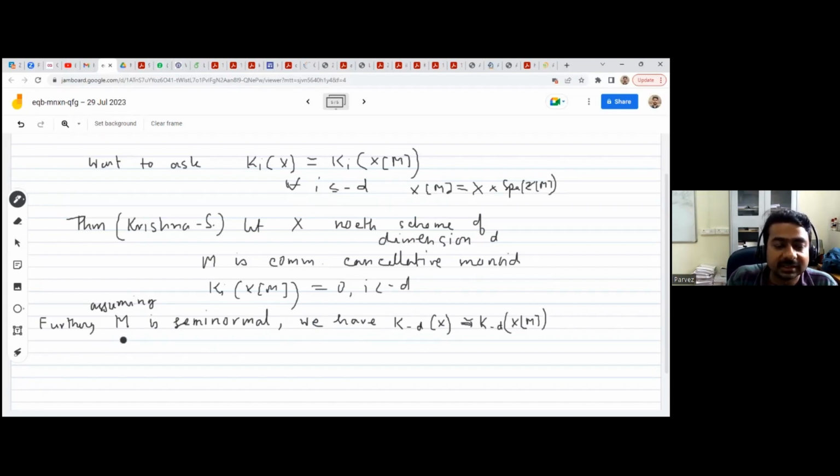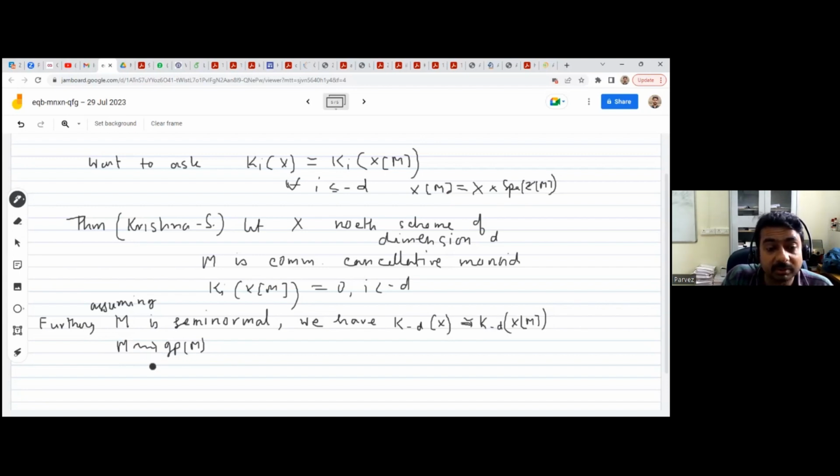So semi-normal means, so given a monoid, one can naturally associate the group completion of the monoid. This is the same group completion as it is done by Grothendieck. Like we started with finitely generated projective modules, you take the direct sum and then you take the group completion. So this is the same kind of group completion.